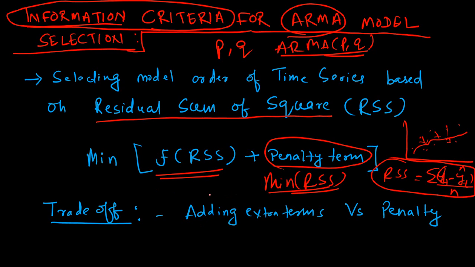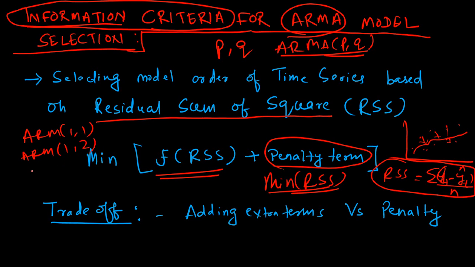Okay, so what happens is that when you add more lags, let's say you are fitting ARMA 1 1, right? You can also think of adding one more AR term, let's say ARMA 1 2. So you are adding another AR term or MA term, right? How do you see the difference between them?